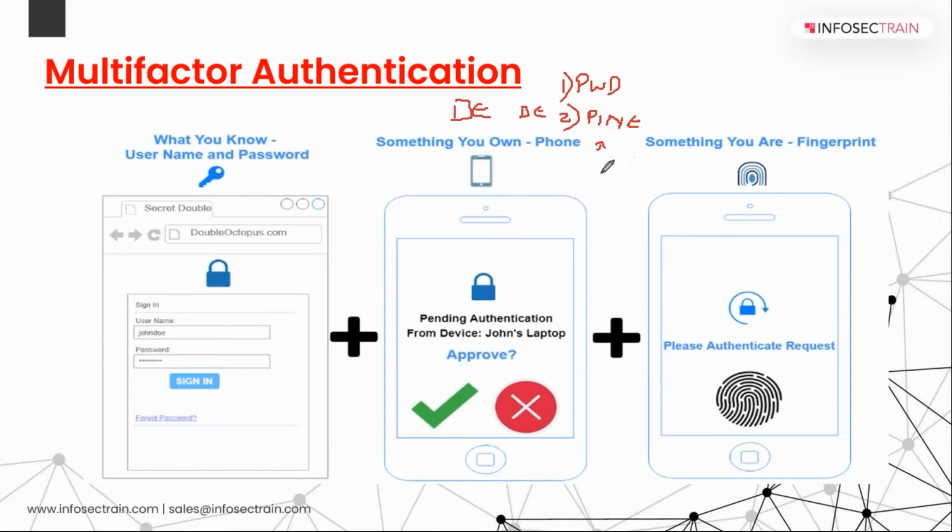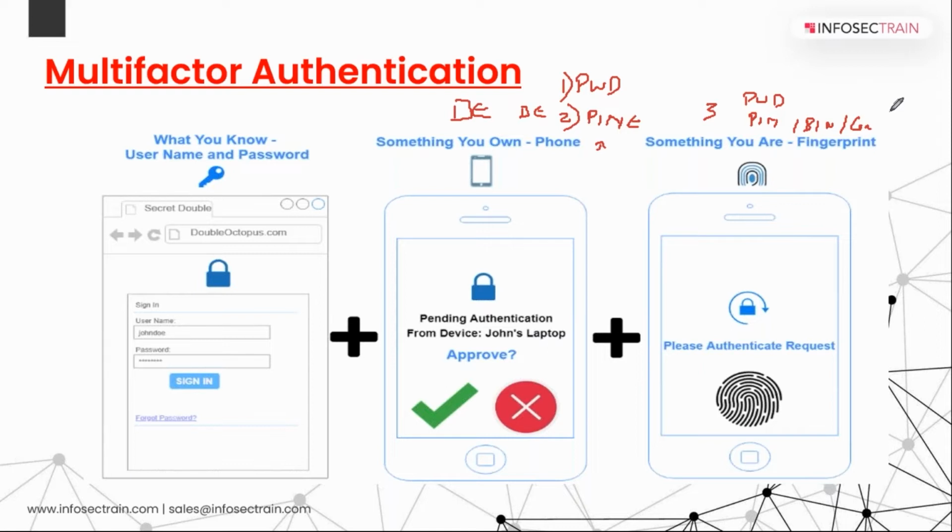Now, in three-factor authentication or multi-factor authentication, what do we have? We have a password, a PIN, and also we can use a biometric, or we can use a geolocation as well. So we will be using all the combinations.